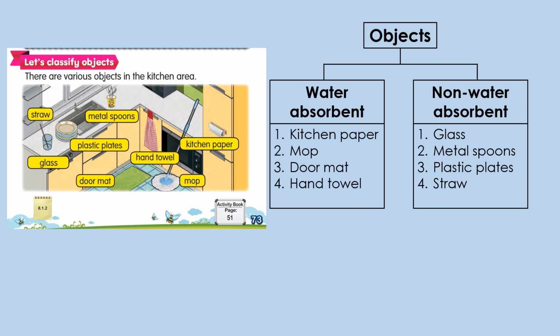So we already have the classification for the water absorbent and non-water absorbent objects. From this activity, we found that objects made from paper and cotton are water absorbent objects, and objects made from glass, metal, and plastic are non-water absorbent objects.